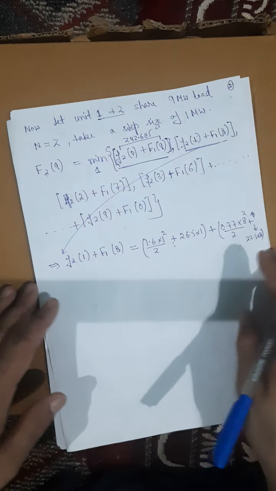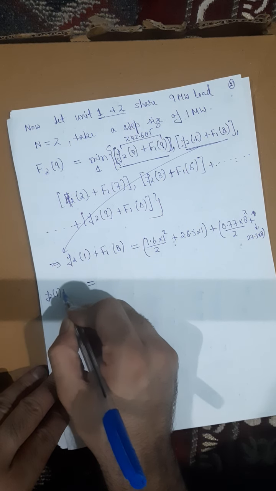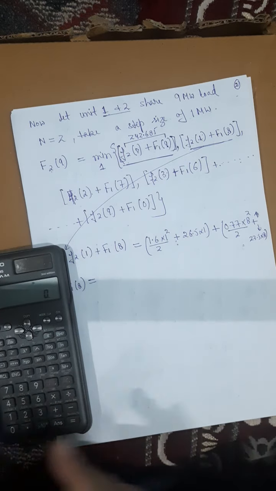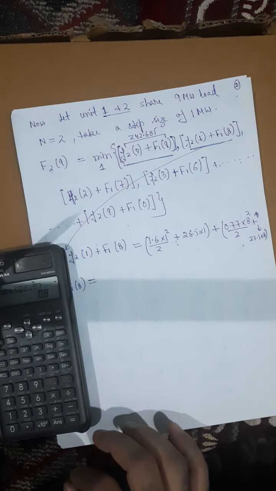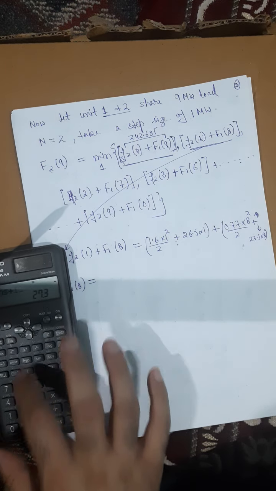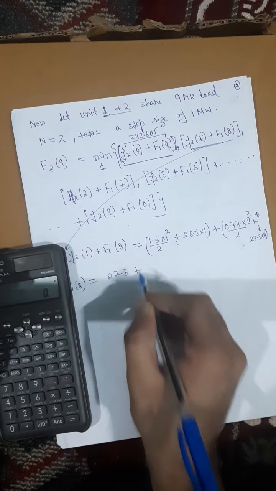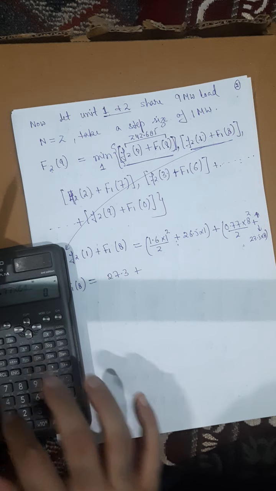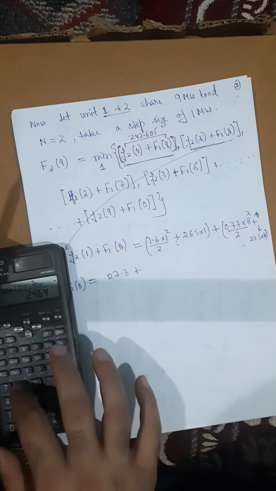Okay, so let me calculate this cost. This cost will be equal to, this is when second unit is taking 1 megawatt and the first unit is taking 8 megawatt. So let me calculate this. What is this? 1.6 divided by 2 plus 26.5, 27.3, plus 0.77 multiplied by 64 divided by 2 plus 23.5 multiplied by 8.